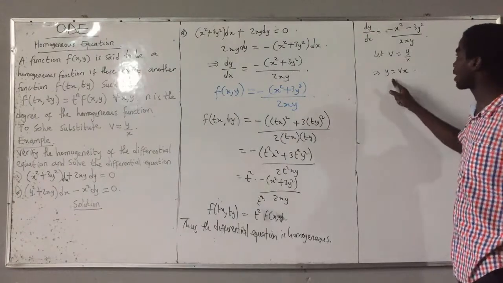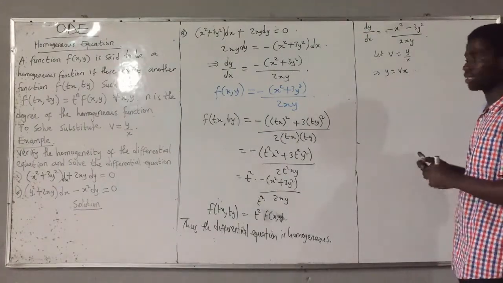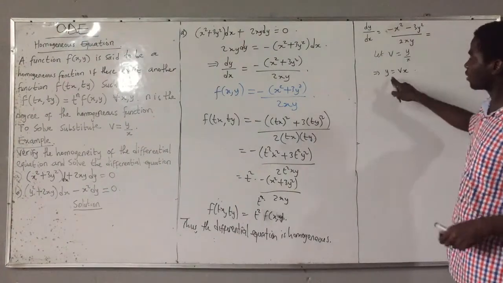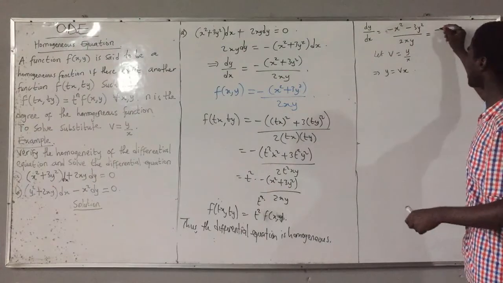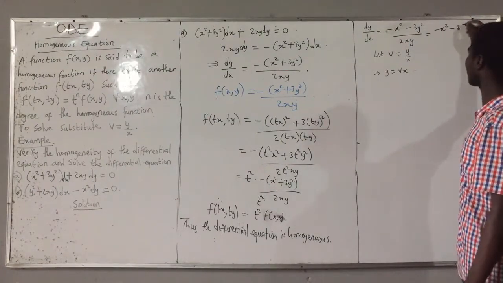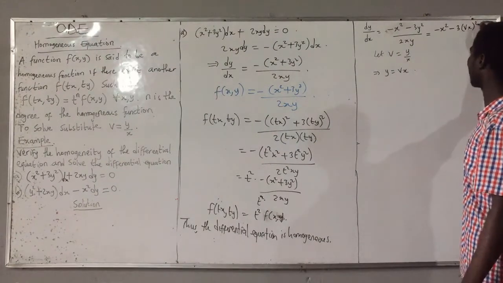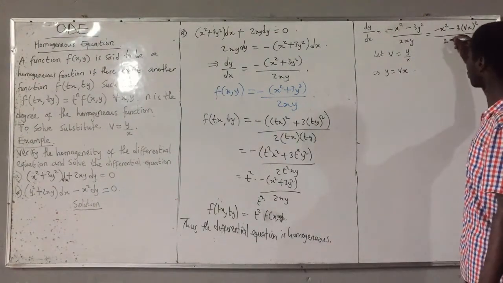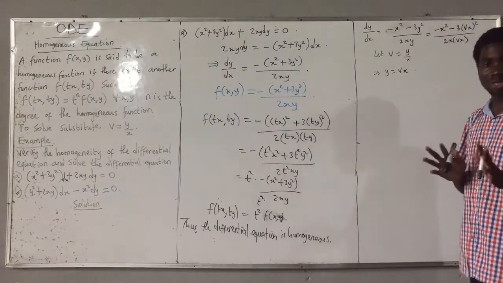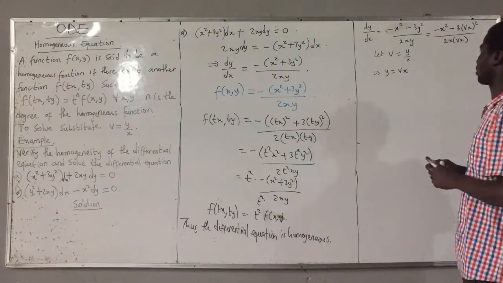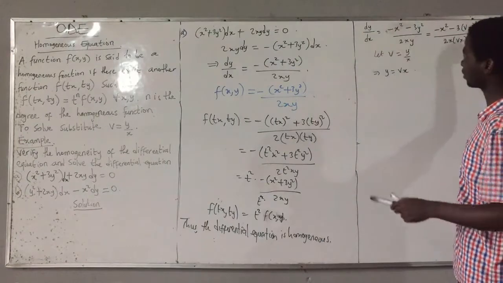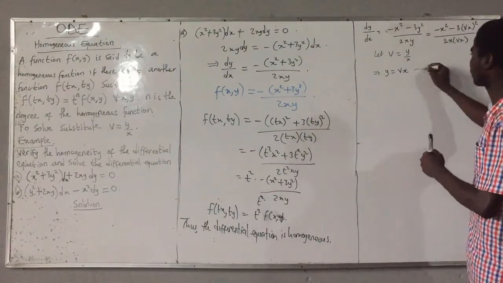So that means anywhere you see y, you will put vx. So this differential equation will become minus x squared minus 3 times vx all squared, all over 2x multiplied by vx. So y equals vx. I'll still come back to this.